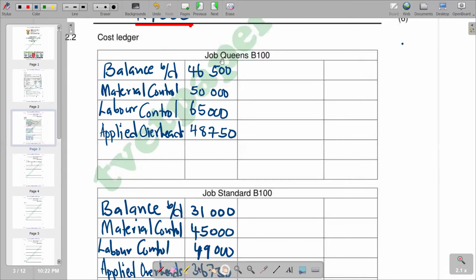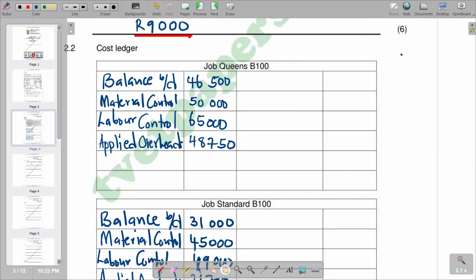So you can start from job Queens B100, whereby we can now put our double lines.